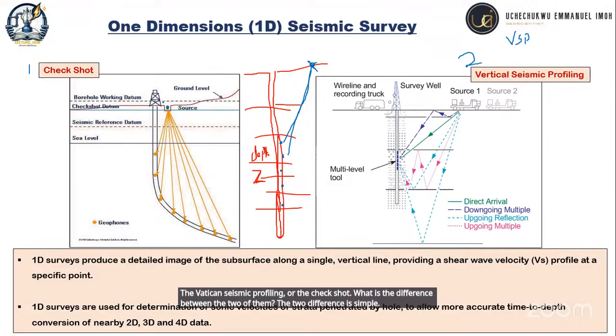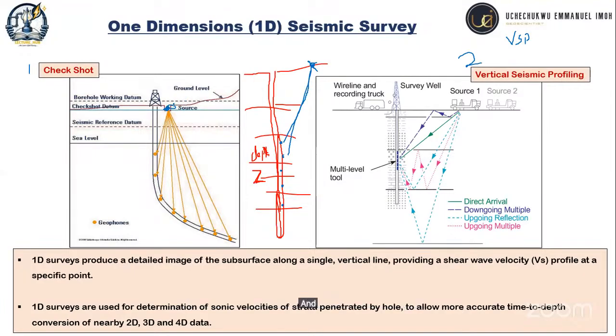For the check shot, when the source shoots on the surface, the seismic wave travels straight from the source to the receivers downhole. The receivers are already in the hole, in the wellbore, and when the seismic source is shot, it goes straight to the receivers.